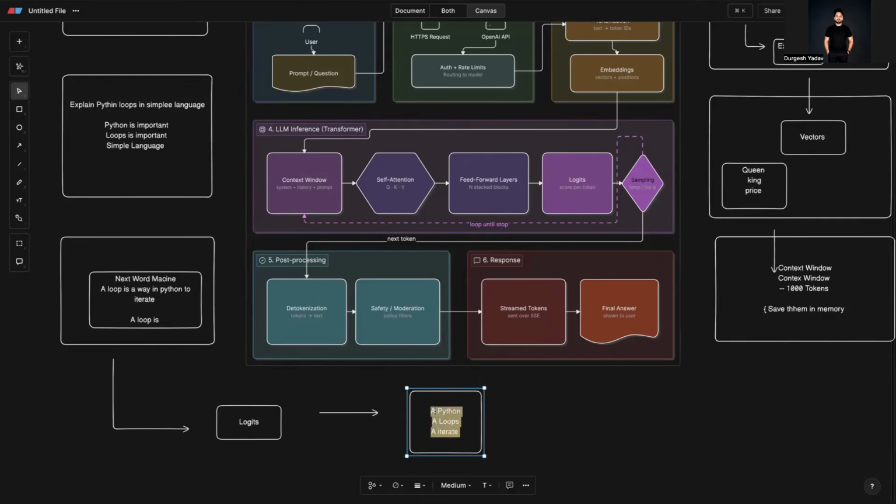Let's say the line "A Python" is getting a 60% score, and "A loop" is getting a 98% score. Based on this score, it will take the most important one and arrange it.